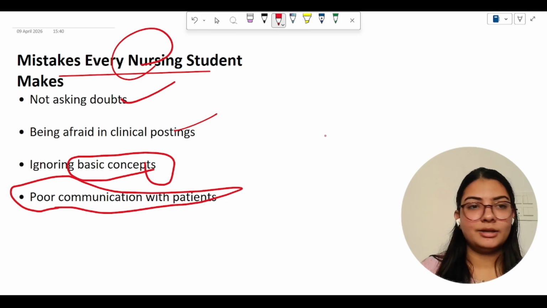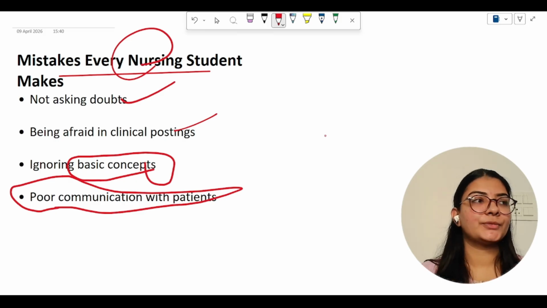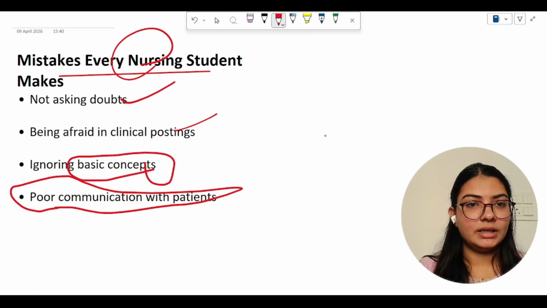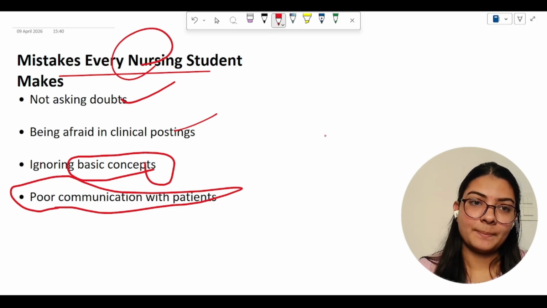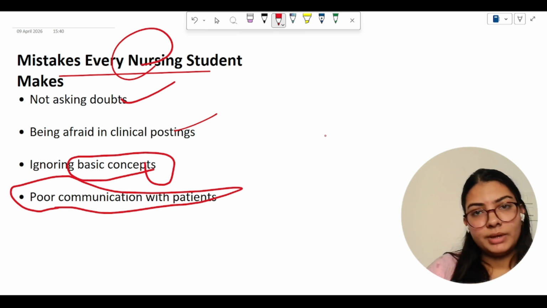Let's suppose you enter a ward, and let's say it's the first to second week of your clinical posting, and you come across a patient, and that patient asks you, ma'am, what is this medicine for? What is the action of this medicine and when to take this medicine?